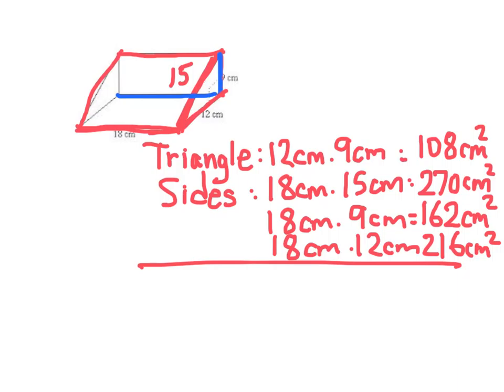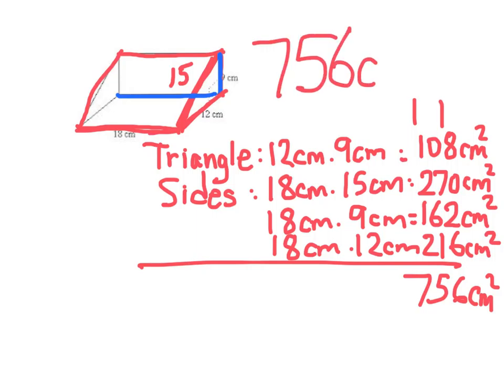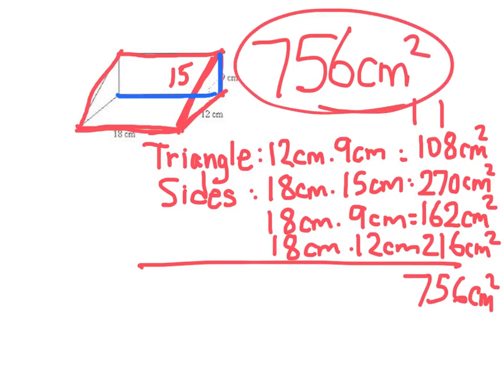And let's add them all up. So that's 16, carry the 1. That adds up to 756 square centimeters. Well, how'd you do? Hopefully you didn't get stuck on that part right there, but if you did, that's all right. All right, well, thanks for listening.